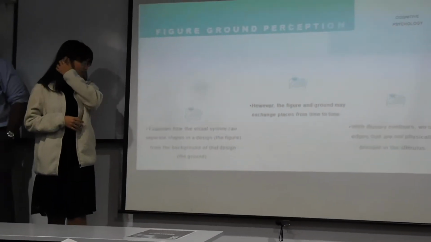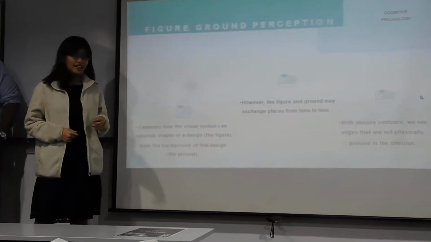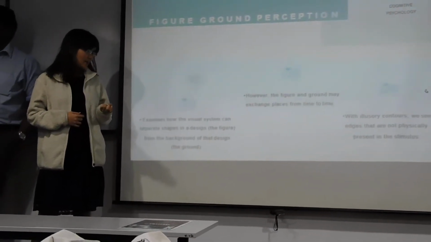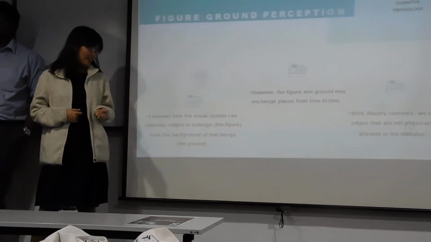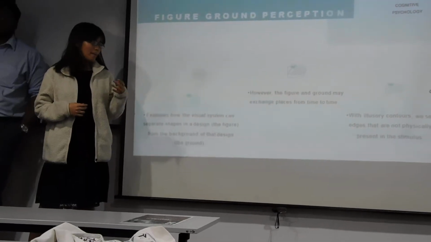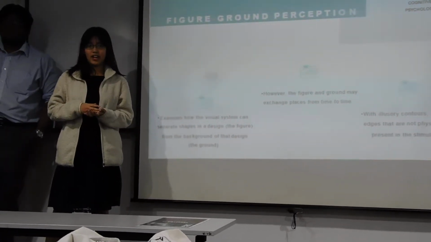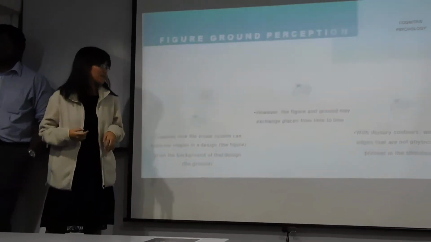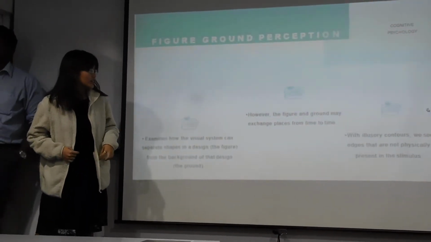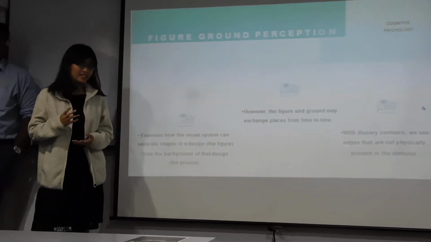This theory examines how the visual system can separate shapes in a design, the figure, from the background of that particular design, which is the ground. However, the figure and ground may also exchange places from time to time, like the figure can become the ground and vice versa. And with illusory contours, we see edges that are not physically present in the stimulus.